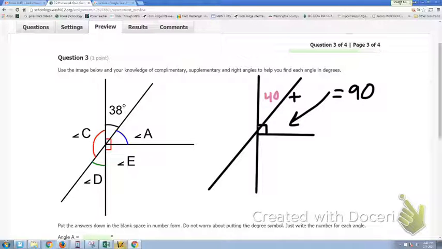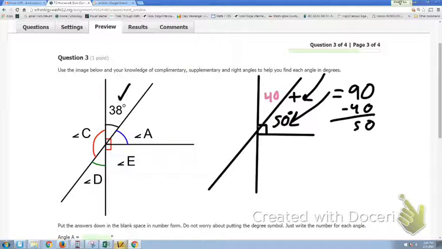So in other words, I would subtract 40 from 90 and I would get 50. And so the angle here is 50 degrees. Sorry, I just had a little bit of a brain stop right there for a second. Anyway, because 50 plus 40 equals 90 degrees. So since we know they're complementary, I know what that one is equal to.